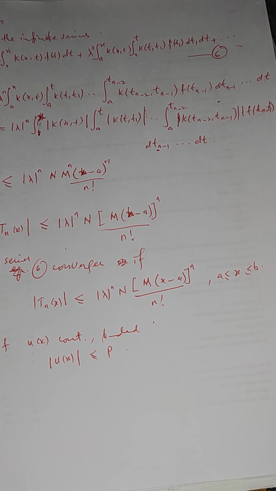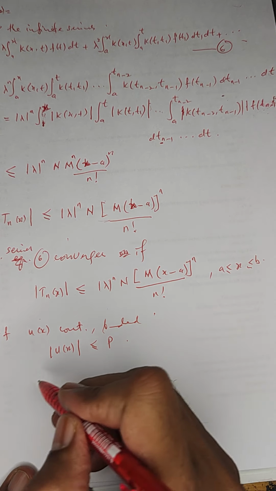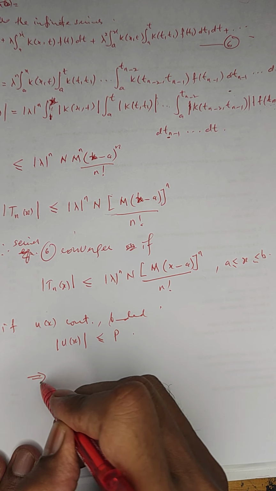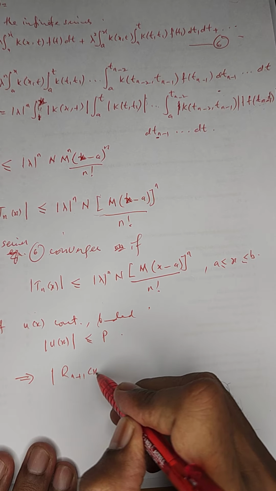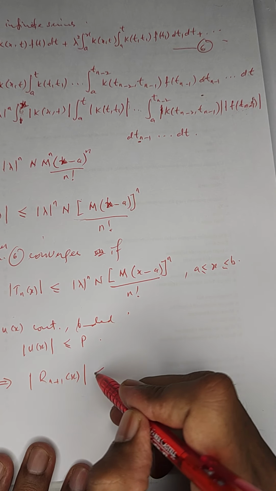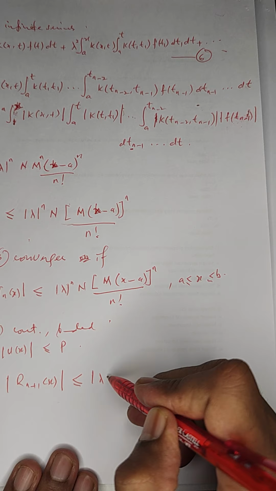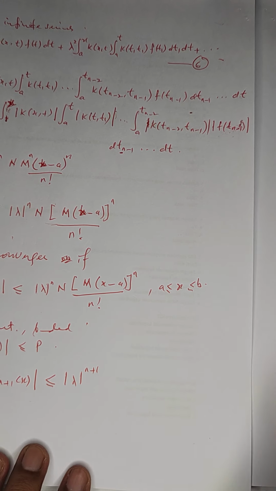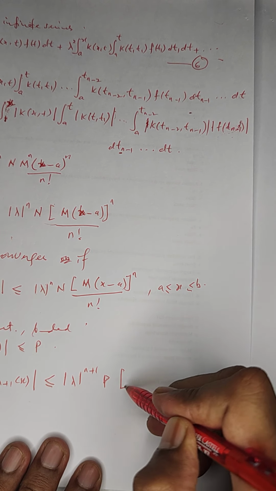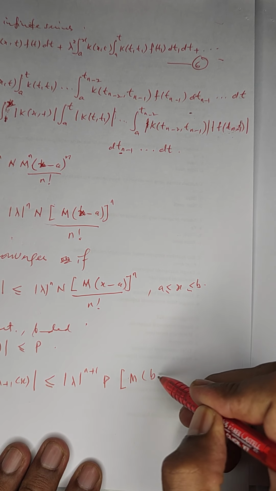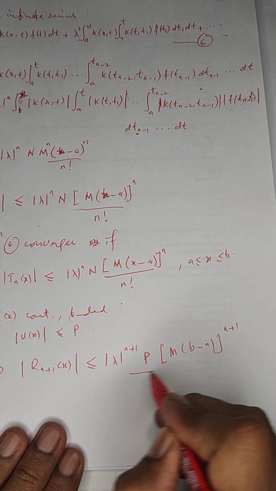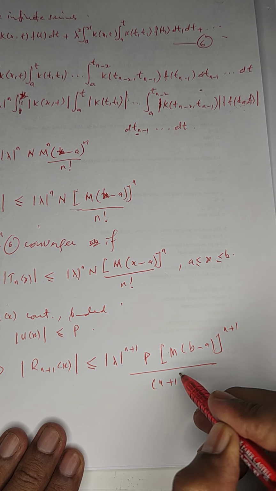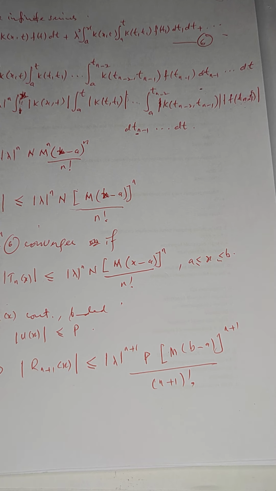So therefore we have R(n+1)(x) less than or equal to lambda^(n+1) p m (b minus a)^(n+1) over (n+1) factorial for x between a and b.